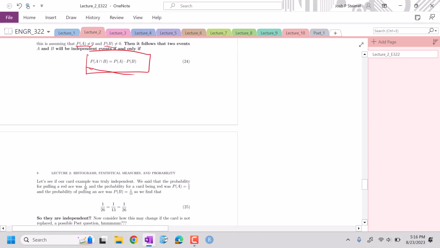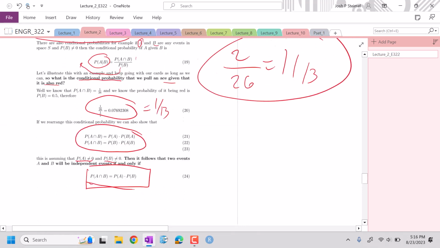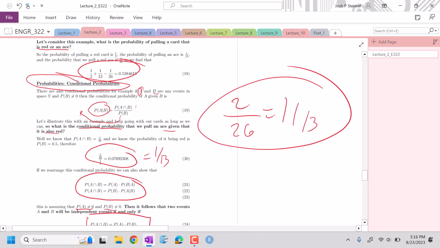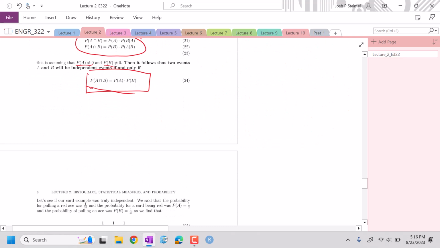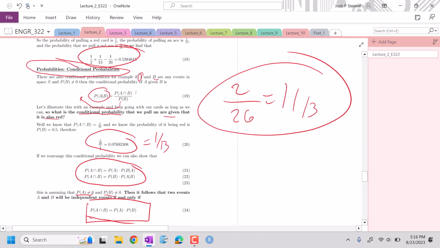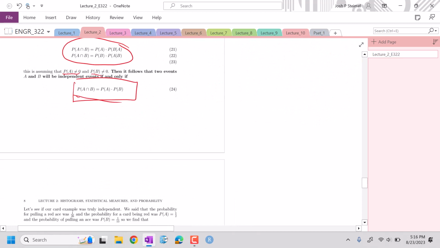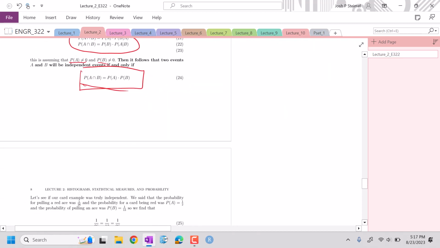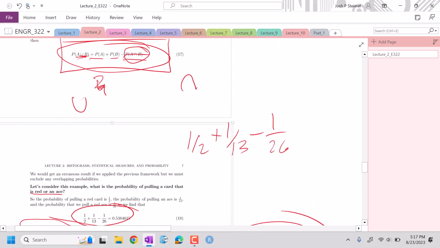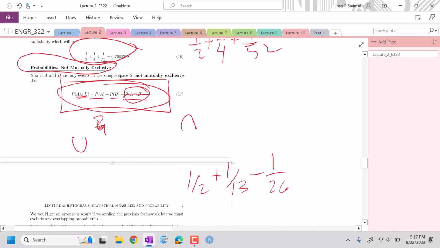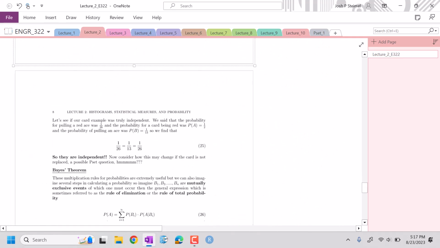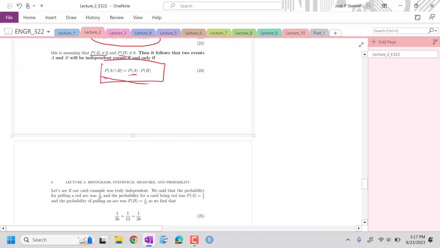Actually, A and B, it doesn't matter which way we assign them. For this example, let's say, as in the previous example, that A was red and B was that it was an ace. So we can confirm this as well.